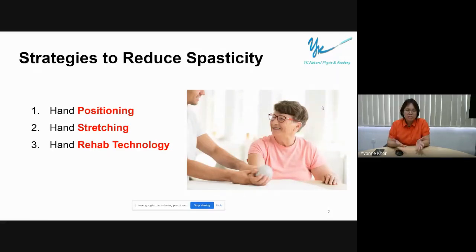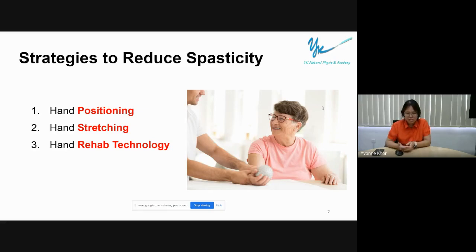Now, what is the strategy to reduce spasticity? This is how we can reduce the spasticity, no matter if it's a physiotherapist, occupational therapist, or the patient themselves. For me, there are three things that are very important for a patient with stroke. First thing, hand positioning.